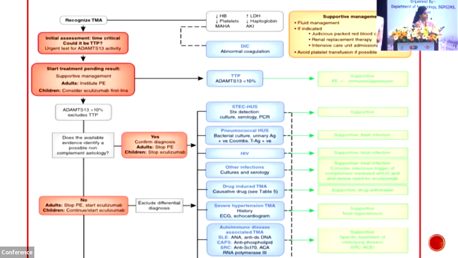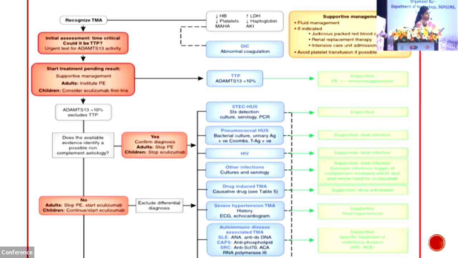Once you have diagnosed and have ruled out others like DIC, then the first thing is to institute plasmapheresis after taking a blood sample for ADAMTS13 activity, and that is the first line. Every other evaluation will be after that. So after you institute plasmapheresis, you go ahead with a comprehensive evaluation.